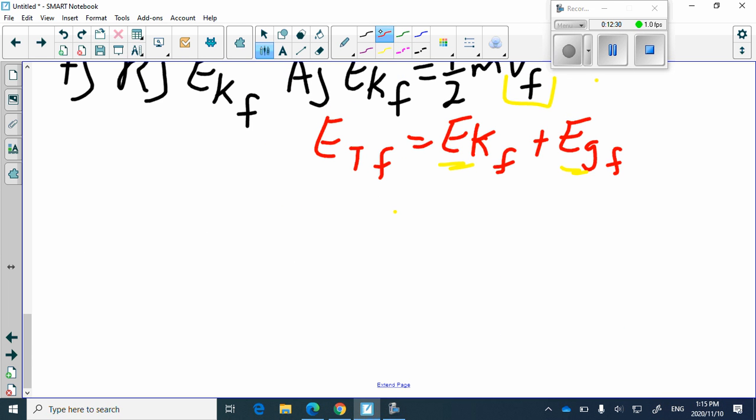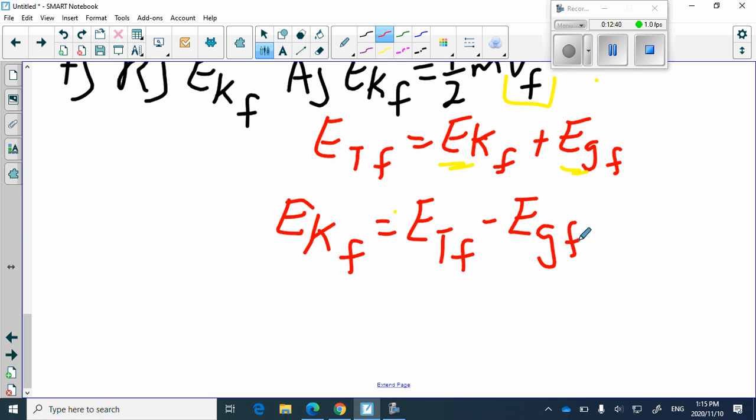So I rearrange this equation and I get kinetic energy final is equal to total energy final minus gravitational potential energy final. So kids, all I did to find this is I brought gravitational potential energy to the other side of the equation and it became negative. That's all I did.